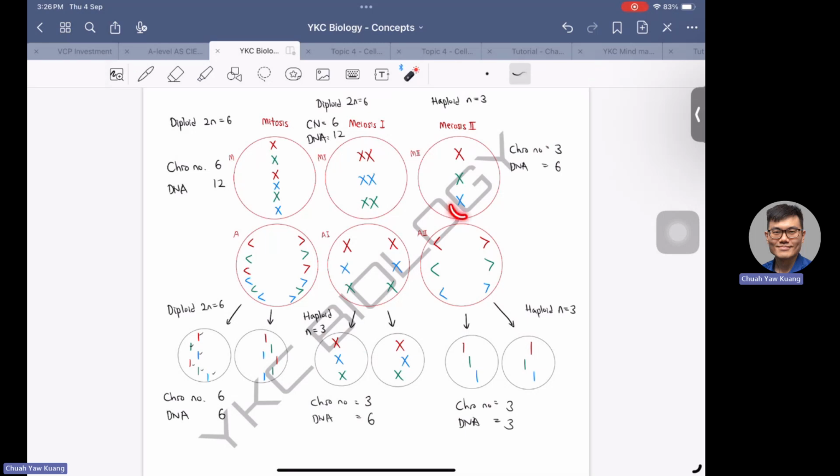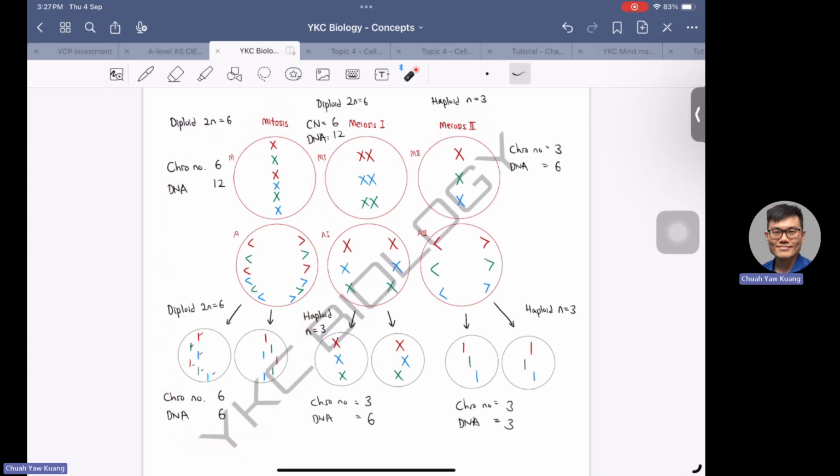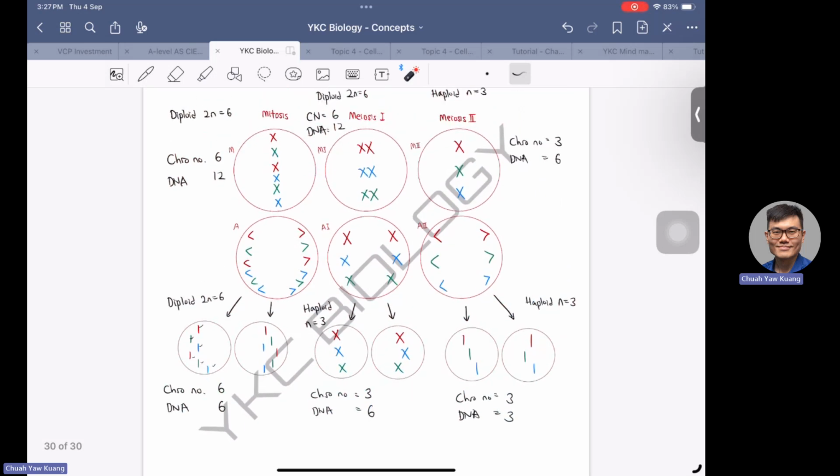So you can see that the separation of the sister chromatids halves the DNA content, but the chromosome number remains the same. This can be seen in mitosis as well, and that is one of the reasons why we say meiosis 2 is very similar to mitosis. In meiosis 2, it starts with a haploid cell, n equals 3, and produces daughter cells that are also haploid, n equals 3.